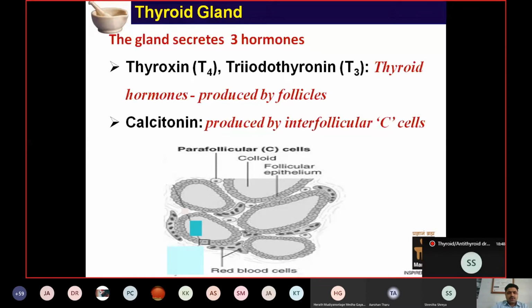So what are the hormones being secreted here? Thyroxine, or T4, and triiodothyronine, T3.